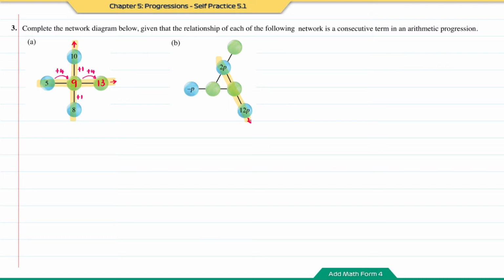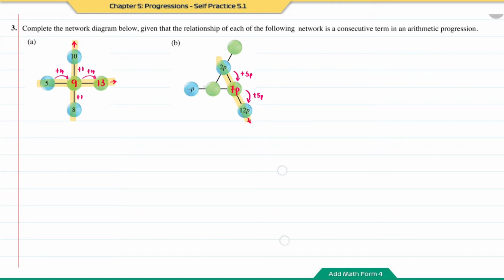You have a term in the middle, so I'm going to divide that 10p by 2, which is 5p. So here you are adding 5p to the previous term. So 2p plus 5p, you're going to find that the term in the green circle here is 7p.